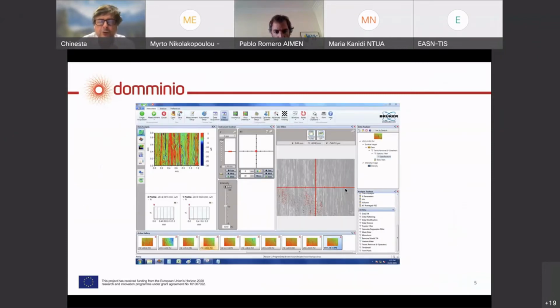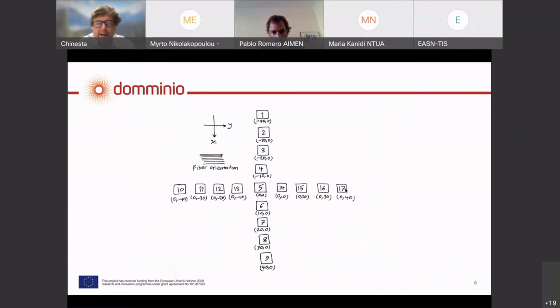And for that, we are using first a profilometer in order to extract the data. We receive many, many sheets. And in all these sheets, we are extracting the topography, the surface, by using this profilometer at different positions in each one of the sheets that we receive, at the top and the bottom surfaces.